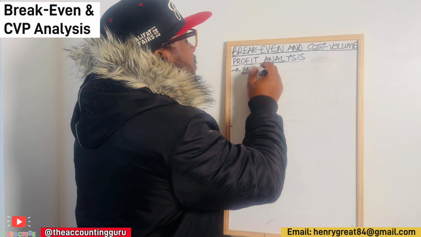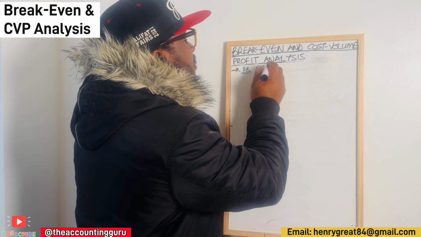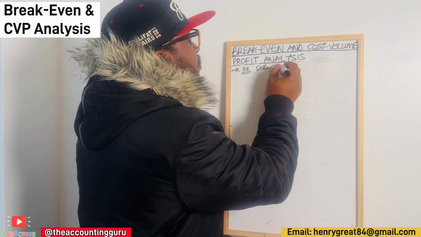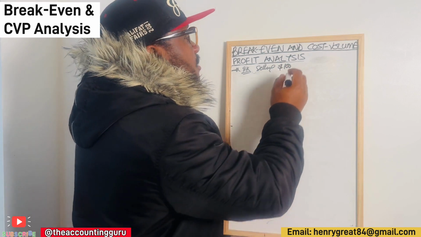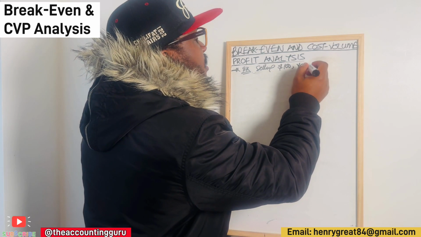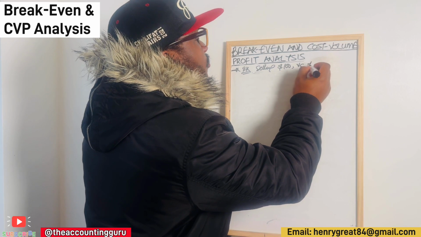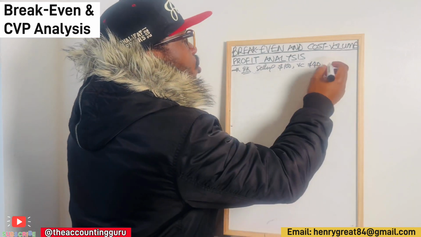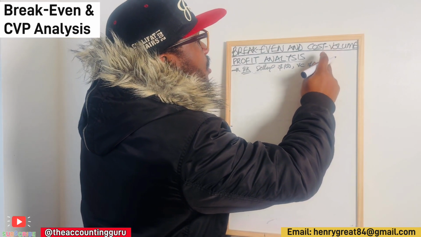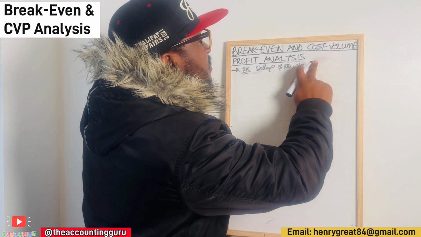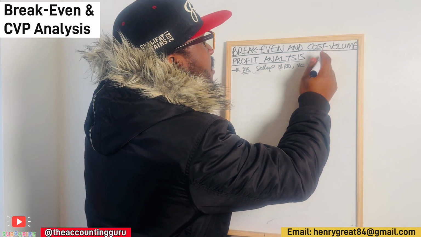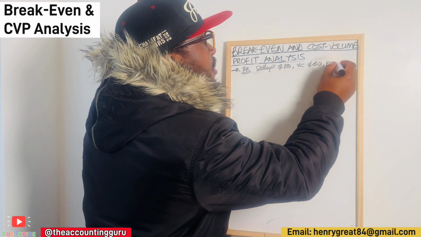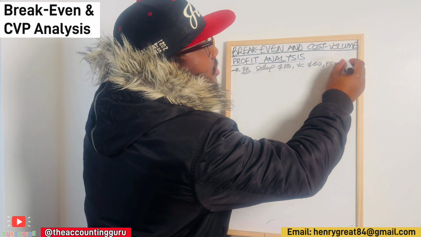A business has a selling price, we assume selling price is $100. Variable cost per unit, let's assume variable cost per unit is $60. Let's say fixed cost is $40,000.